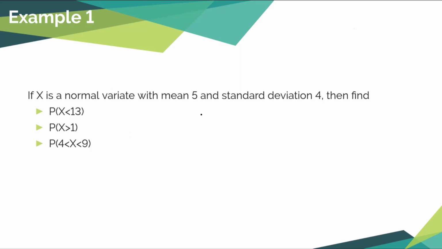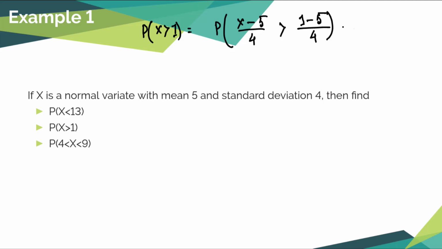So we will be solving the second question, that means probability of x greater than 1. Just like the first one, here also we will transform it into standard normal by subtracting the mean 5 and dividing by the standard deviation 4, doing the same treatment to the right hand side also. This is equal to probability of Z greater than (1 minus 5) divided by 4, which is minus 4 divided by 4, so minus 1.